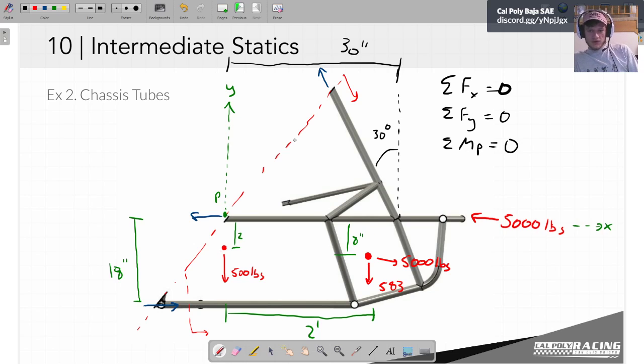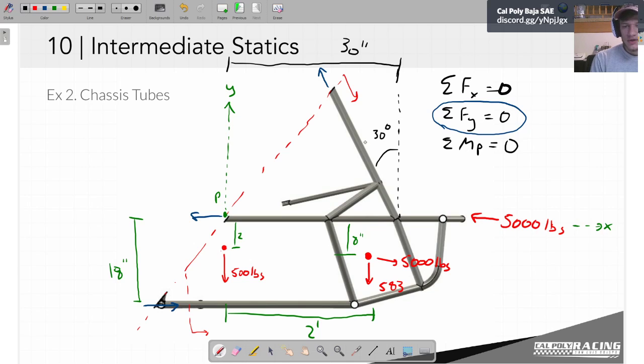Good point. So the member we're talking about here is the only one that we cut through that goes in the Y direction. That means even though we could use the sum of the forces in X or the sum of the moments about point P, we don't actually need to because we were clever with where we put our cut. So we only now have to do one equation.